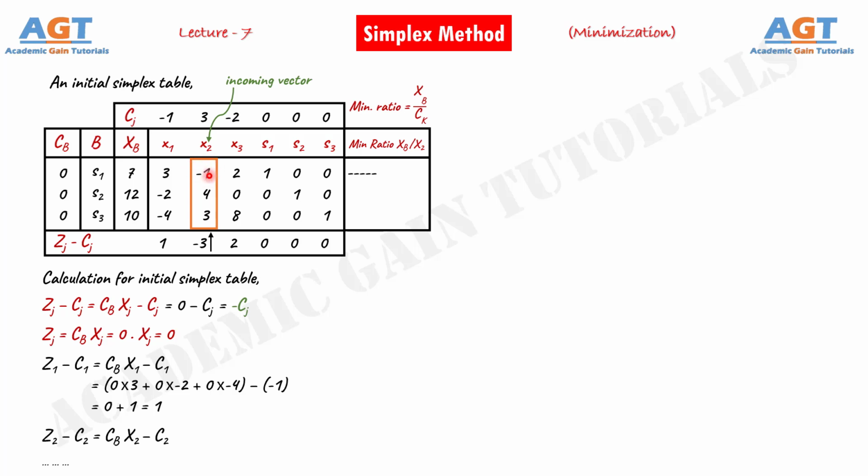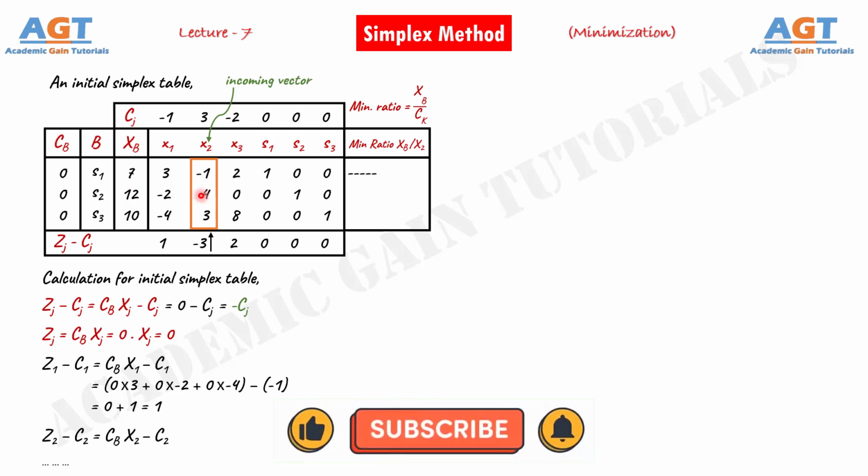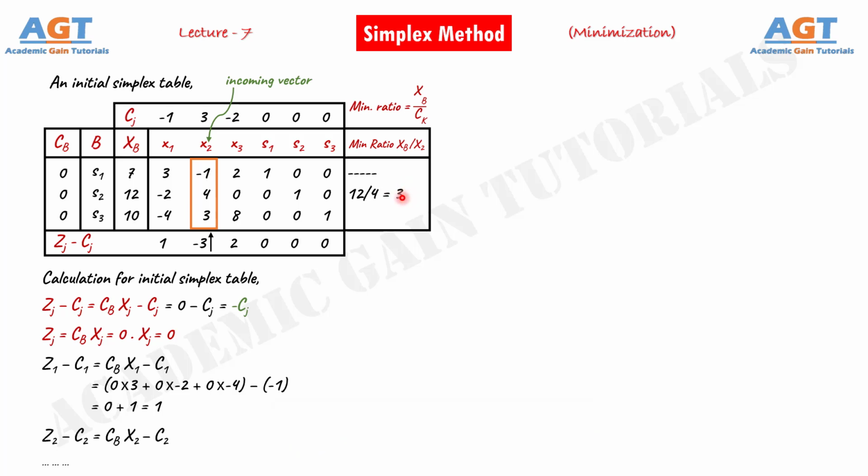For the second row, xp is 12, and the value of x2 is 4, so we divide 12 by 4, the minimum ratio will be 3. Now, for the third row, xp is 10, and the value of x2 is 3, so we divide 10 by 3, the minimum ratio will be 3.33. Now, between these two values 3 and 3.33, the minimum value is 3.